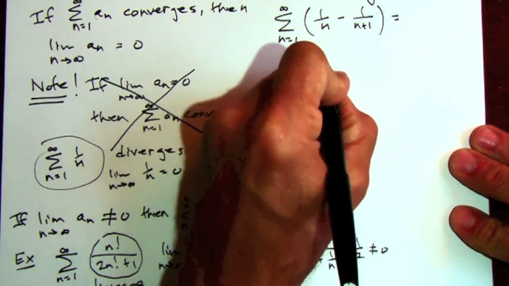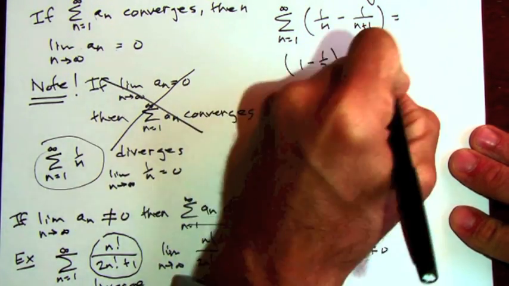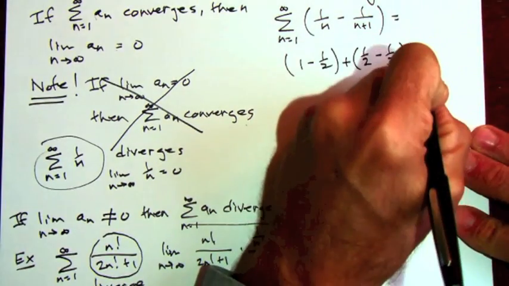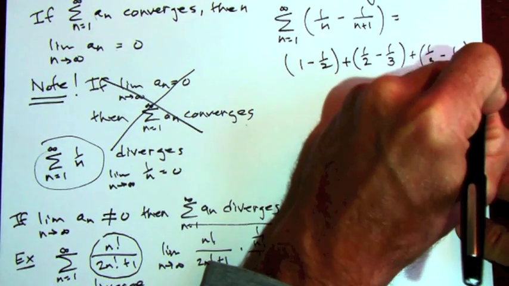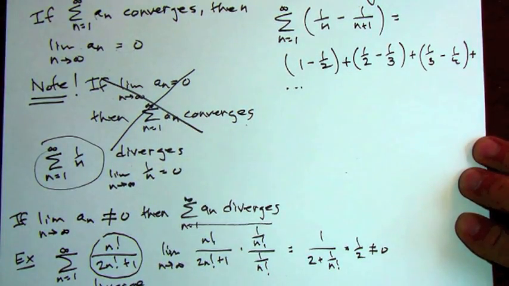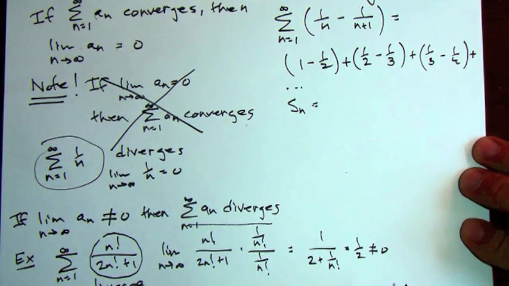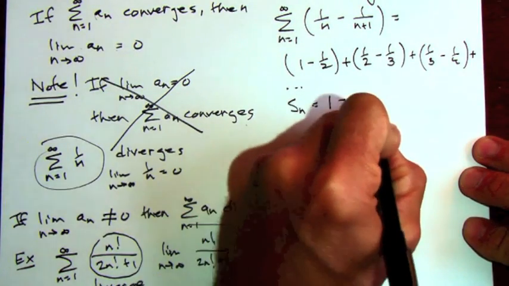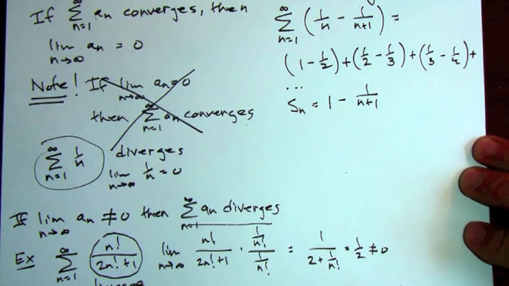This is going to be 1 minus 1/2 plus 1/2 minus 1/3 plus 1/3 minus 1/4, and so on. It may or may not be obvious, but the nth partial sum will be 1 minus 1 over n plus 1.